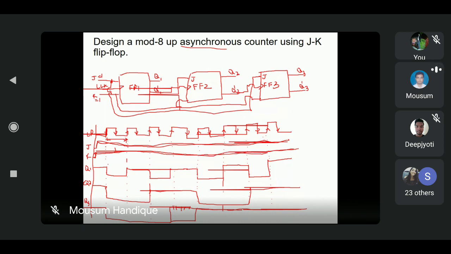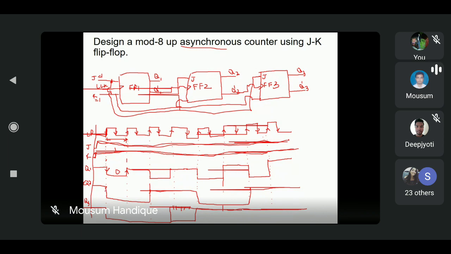Now see here, when the clock pulse is started, what is the value of Q1, Q2 and Q3? This particular clock pulse is starting here. That time, it is going in the down direction, and this one is the up direction. Then this value is 0.